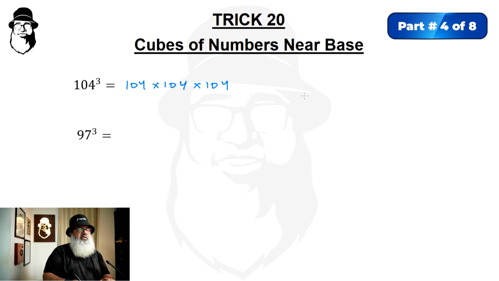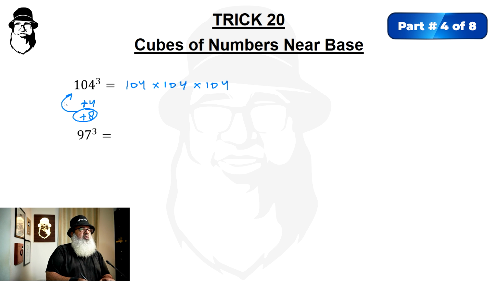So here we'll get the answer in 3 parts. The first part is we see the deficiency here or the surplus. Here the surplus is plus 4, right? This 104 is 4 above 100. So we take double of that, that is plus 8, right?